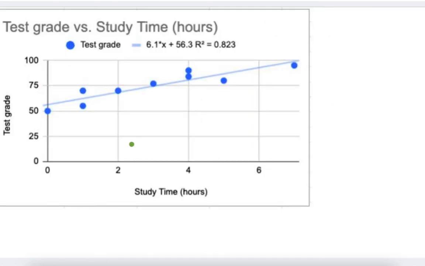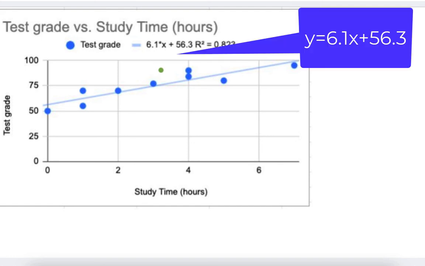So if you plug it into Google Sheets or a different program, this is the line that it draws, which is almost exactly the same as the one we drew by hand. See, it's a little different because this is exact. The computer found the average of all the x numbers, the average of all the y numbers. It ran some calculations and found this exact equation. So here, the slope, the rate of change, is 6.1.